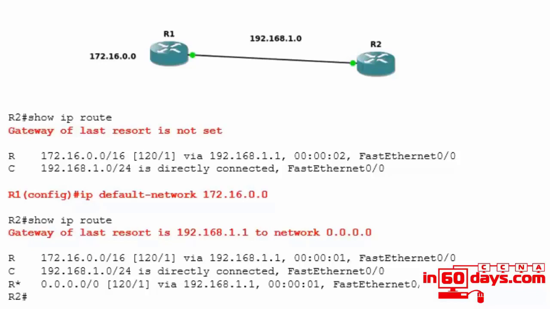What that has done is it's propagated through the routing protocol. On this particular one, I'm running RIP, and it's installed it as a gateway of last resort on the right-hand router. So if router 2 on the right doesn't have a better route to get to the destination, it will send it to the gateway of last resort.